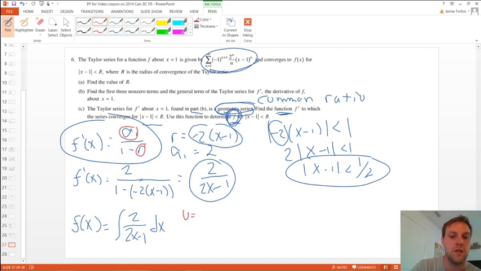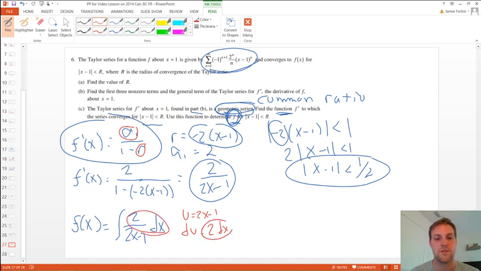You can let u be 2x minus 1, and du is going to be 2 dx, so that and that cancels. So really it's just the integration of 1 over u, which is going to be equal to ln absolute value of 2x minus 1 plus c.